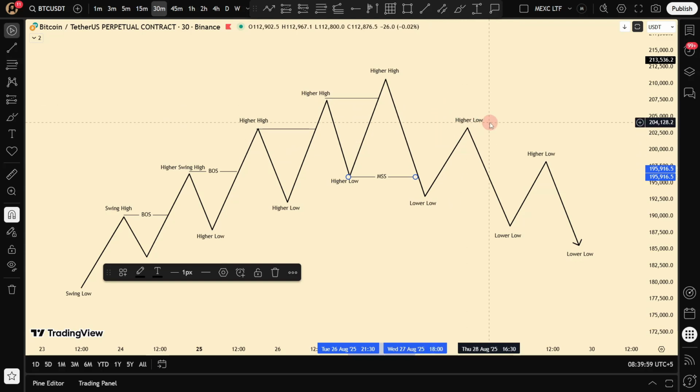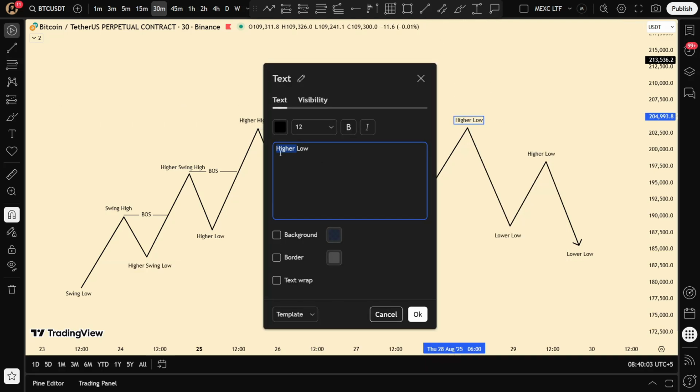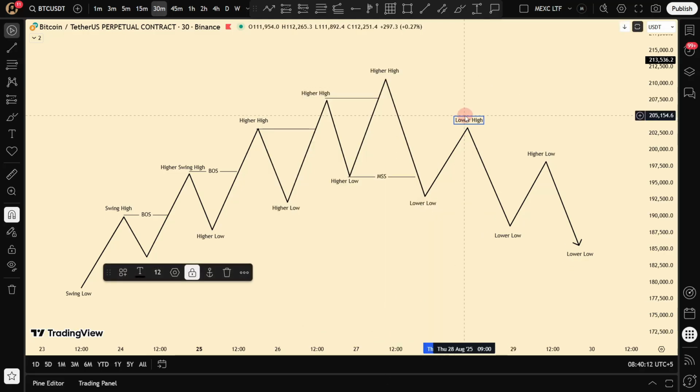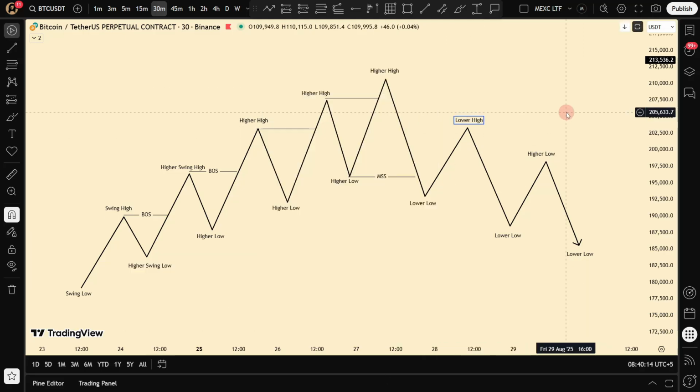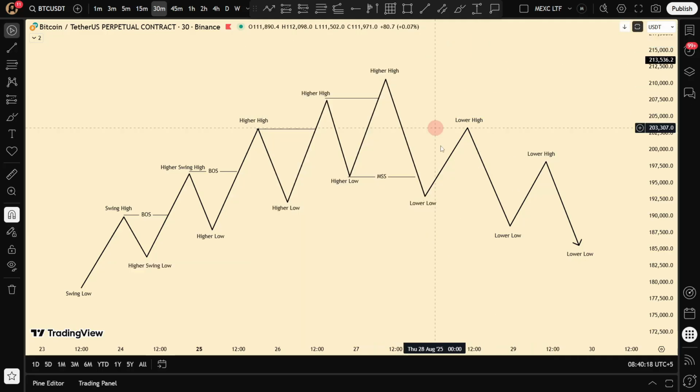We post, actually, this is a lower high. So this is a lower high. And similarly over here, this is a lower high. So we make a lower high relative to what?